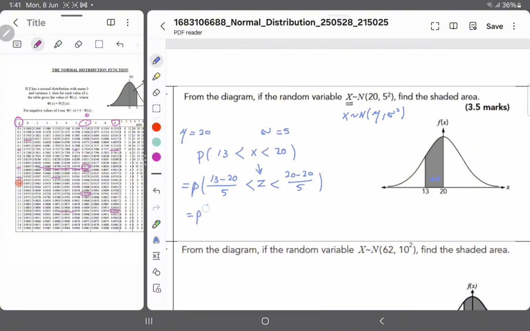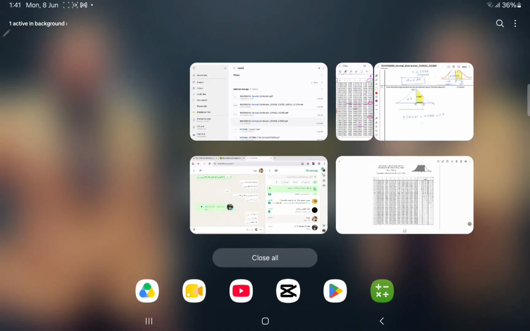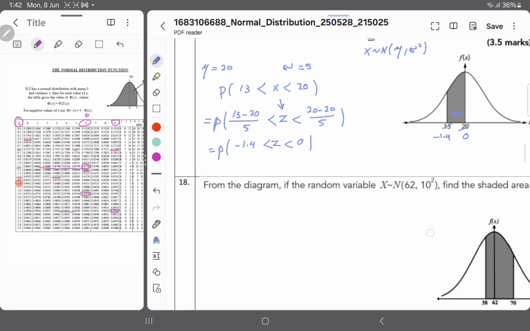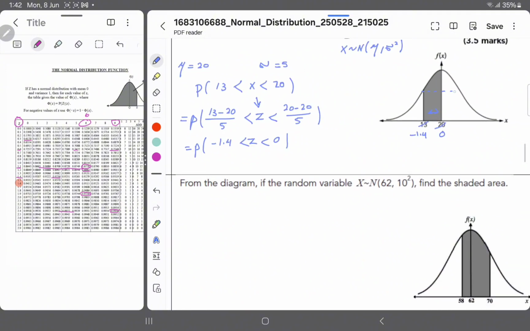So it will be the probability of z lies between 0, since 20 minus 20 is 0, and 13 minus 20 gives negative 1.4. So it changed to 0 and negative 1.4. Any negative, we take symmetry. It will be positive 1.4 here, and it includes the same area between 0 and the positive value, so it equals the probability of z between 0 and 1.4.